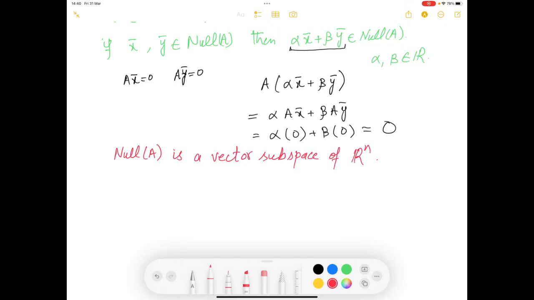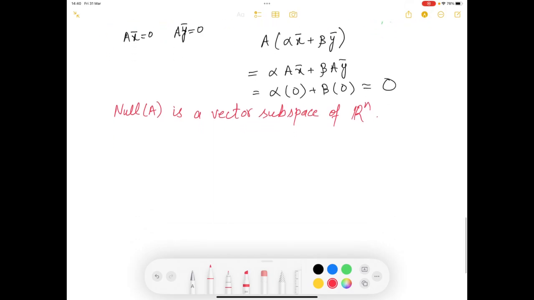Now we will see how to find its basis and dimension of this null space. For example, we are given a matrix A which consists of 1, minus 1, 0, 1, 0, 2, 1, minus 1, 1, 1, 1, and 0.